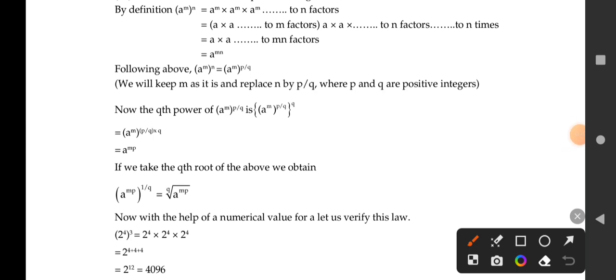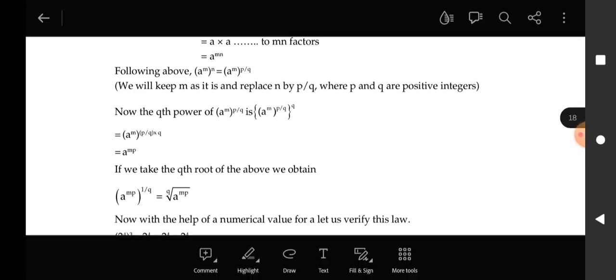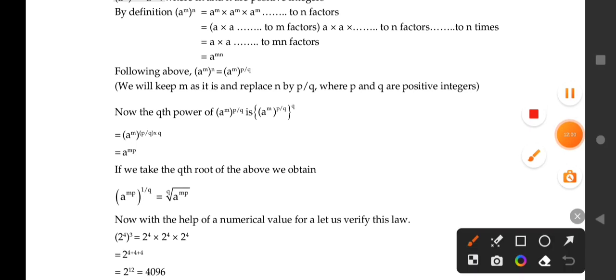Following above, a power m whole power n.